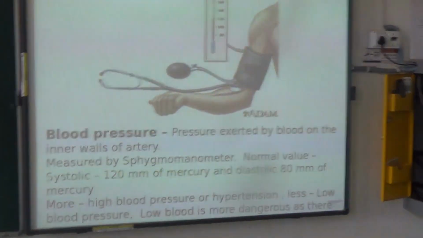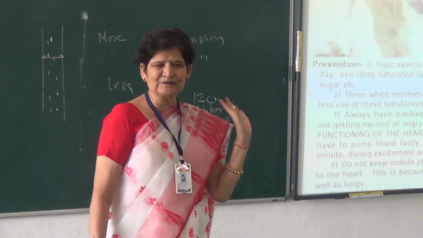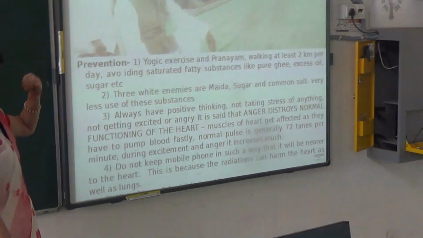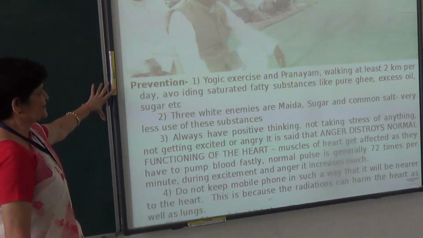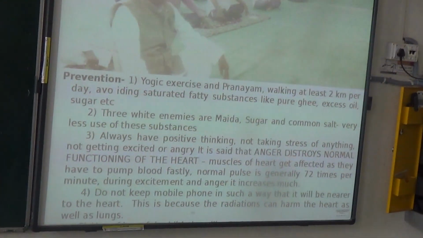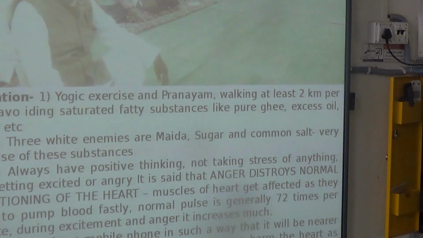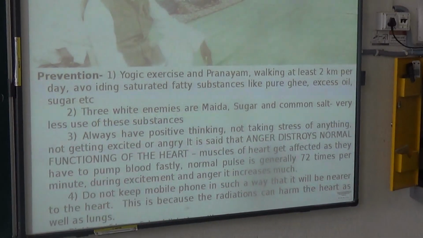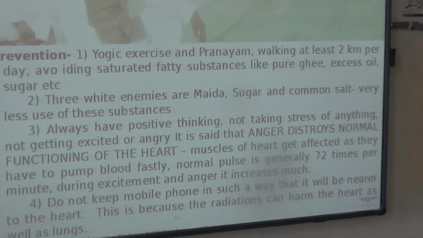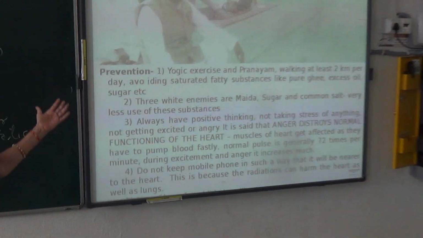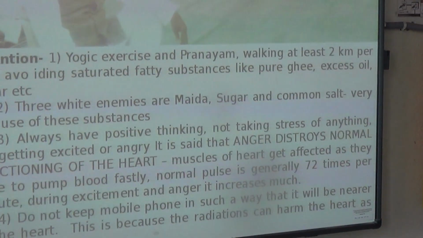Next. No sensation, that is called coma. Then how can we prevent it? First thing, yogic exercise and pranayama. Second, at least walking 2 kilometers, but that is brisk walking, fast walking, 2 kilometers per day, and avoiding saturated fats.